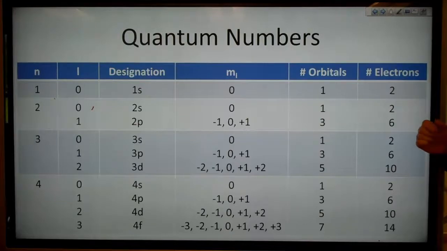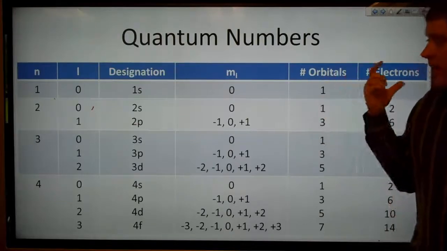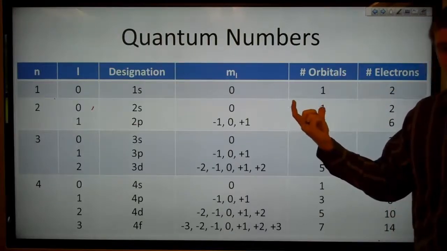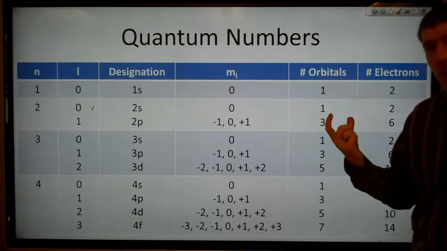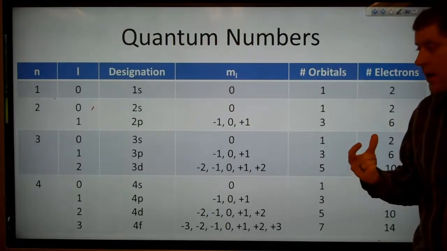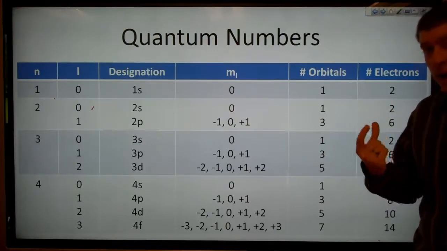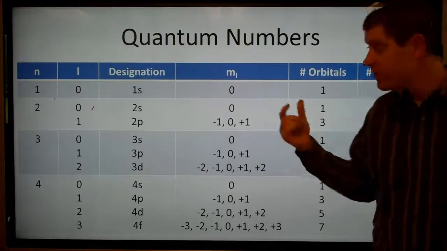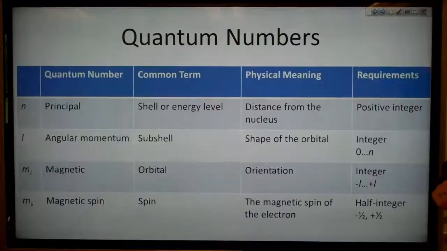That combination of 4 quantum numbers describes the state of an electron, and it turns out that only 1 electron can have some combination of 4 quantum numbers.